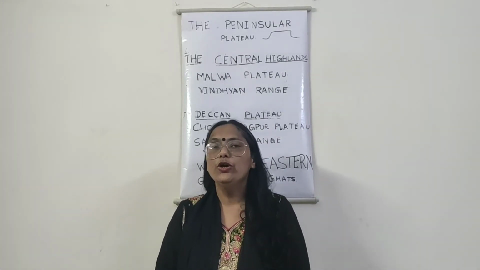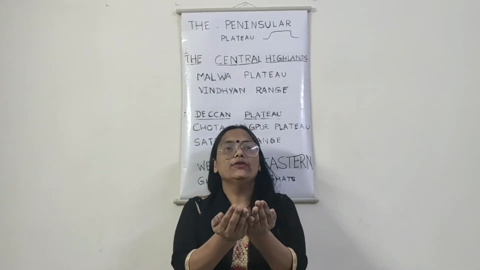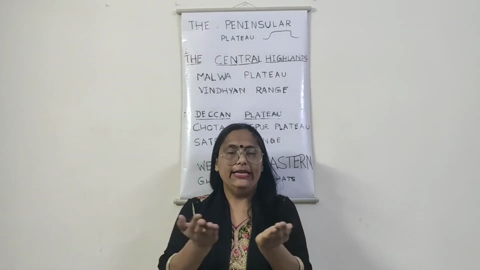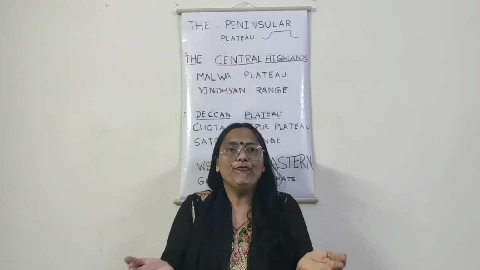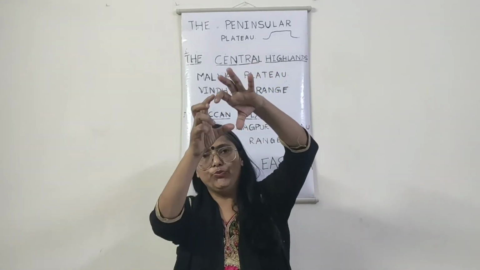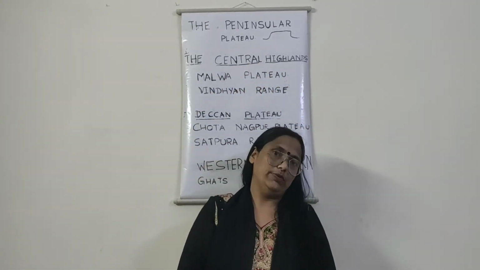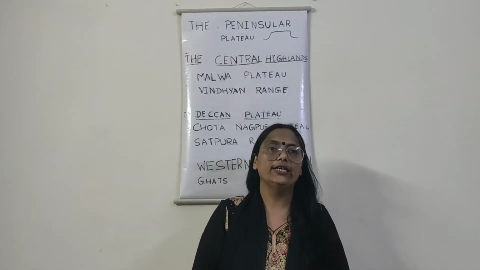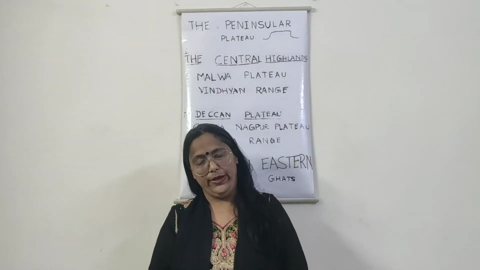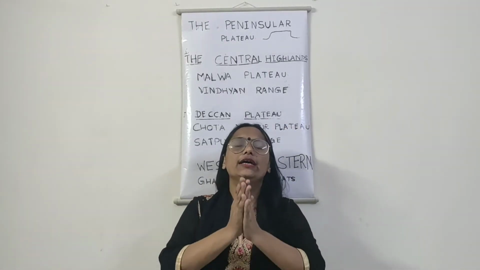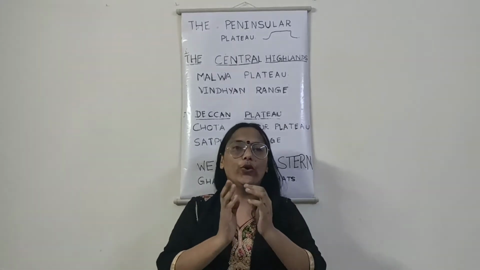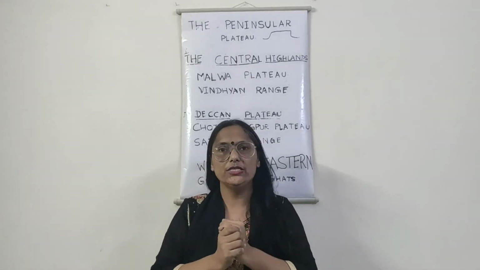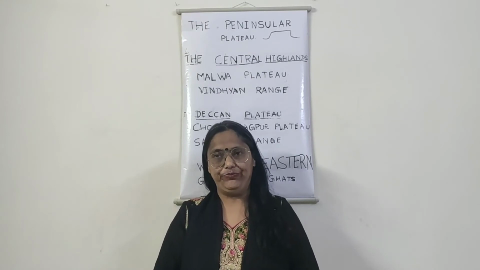This is a plateau with a broad base. It is the base of the Satpura range from its north. We find various kinds of hill ranges here: the Mahadev Hill Range, the Kaimur Hill Range and the Maikal ranges, which are prevalent here.